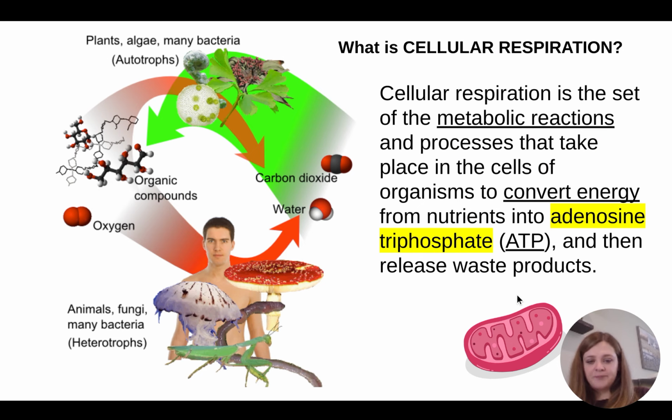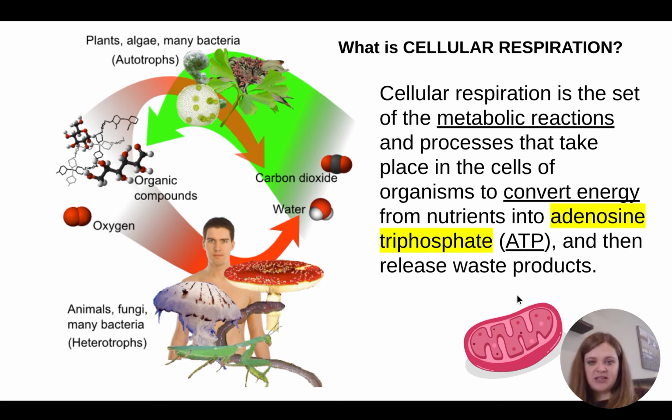Okay, so we're going to come back to those questions at the very end. We'll see if going through this helps you answer those questions in more detail. So we're going to talk about cellular respiration here and a more detailed definition. So go ahead and write this down.